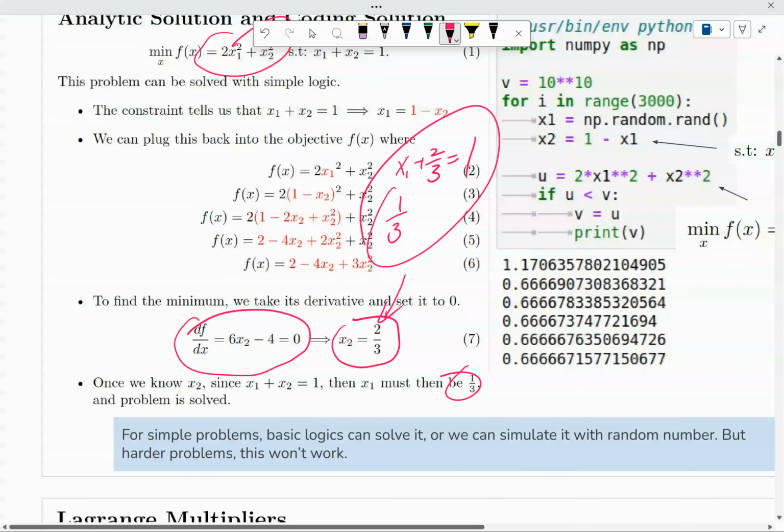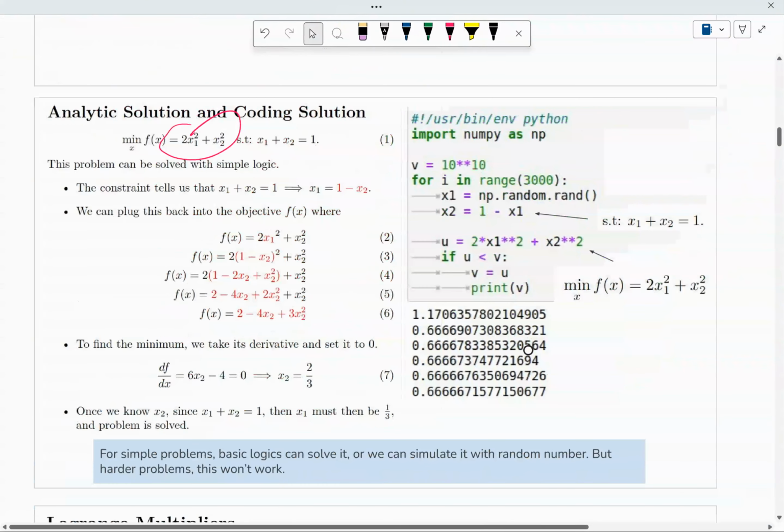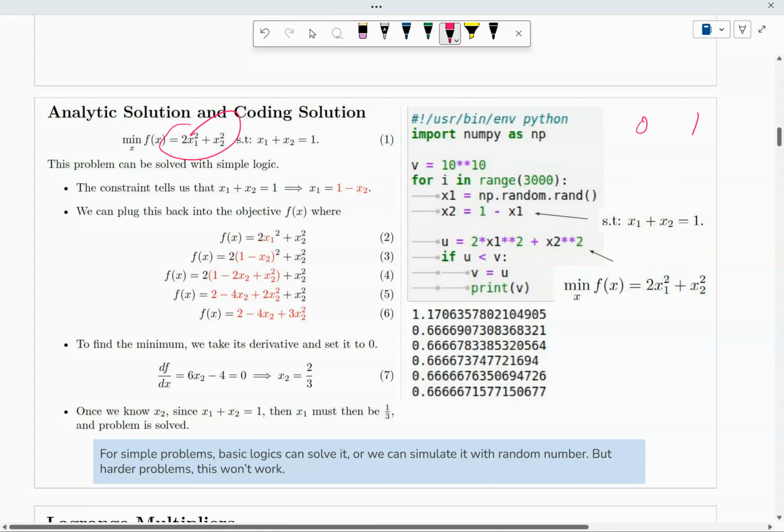Another way to solve this could be to randomly generate numbers. Here, I keep randomly generating x1, a value between 0 and 1. Then, since x1 and x2 have to add up to 1, once I generate x1, I generate x2.